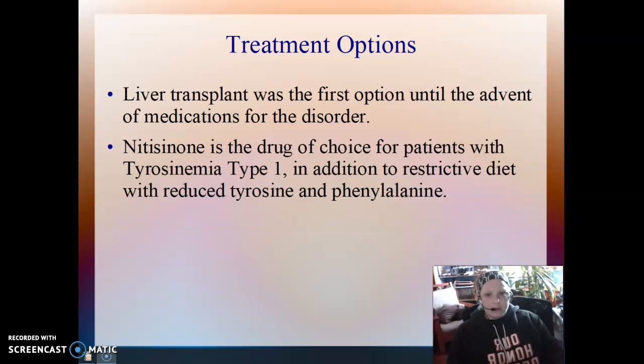Right now, success has been happening with a particular drug called nitisinone. It's a drug of choice for these patients with tyrosinemia type 1. In addition, a restrictive diet that reduces the amount of tyrosine and phenylalanine, those two amino acids, really helps these individuals too. But it's very important that we get these individuals screened and treated as soon as possible.